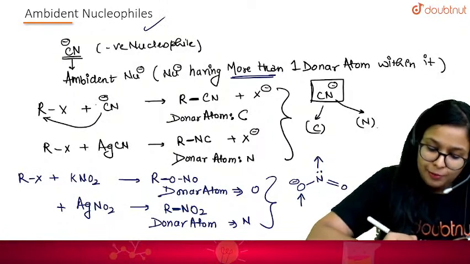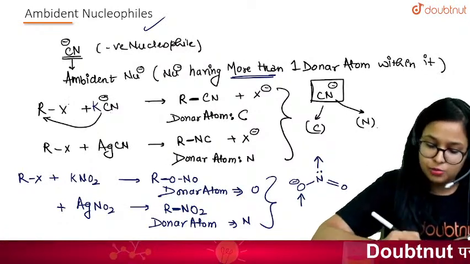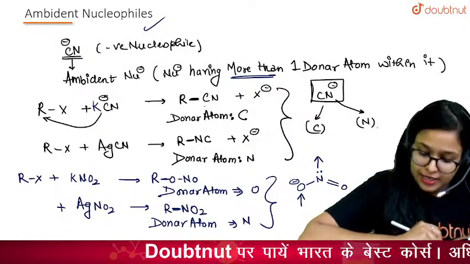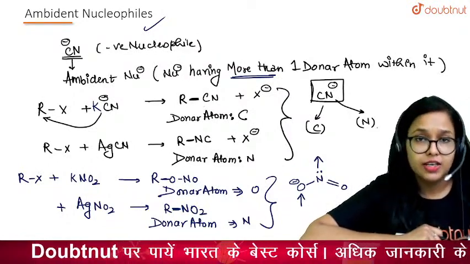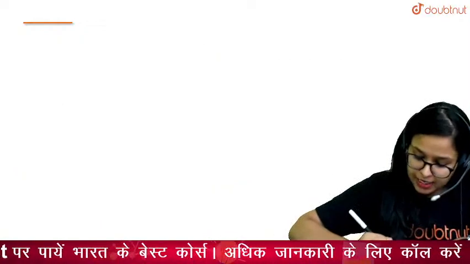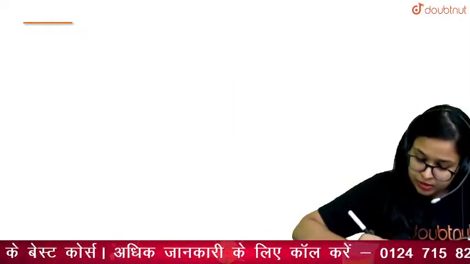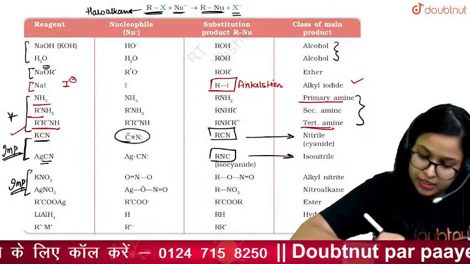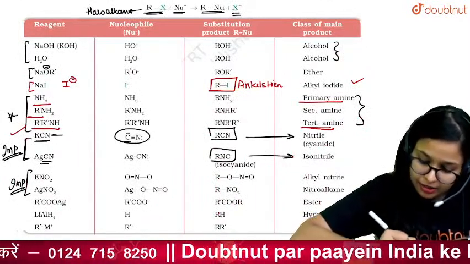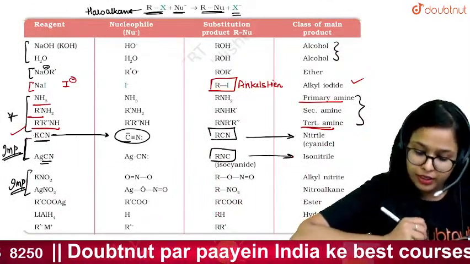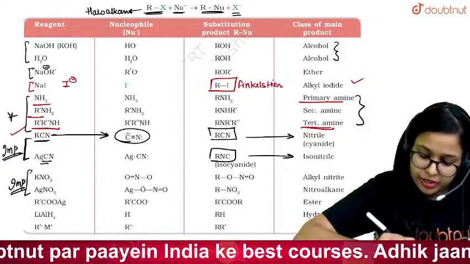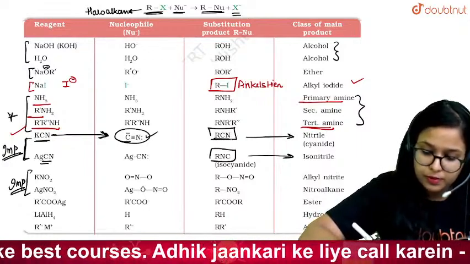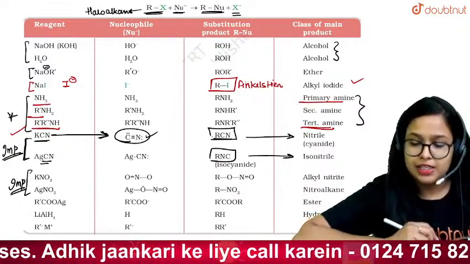Now we'll understand why if we react RX with KCN we are getting RCN, and why if we react RX, that is haloalkane, with AgCN we get RNC. We'll understand that in quite detail. As you see the reaction, while KCN is taken as a reagent, CN minus is the nucleophile and the bond is formed between R and carbon, that is RCN is formed.